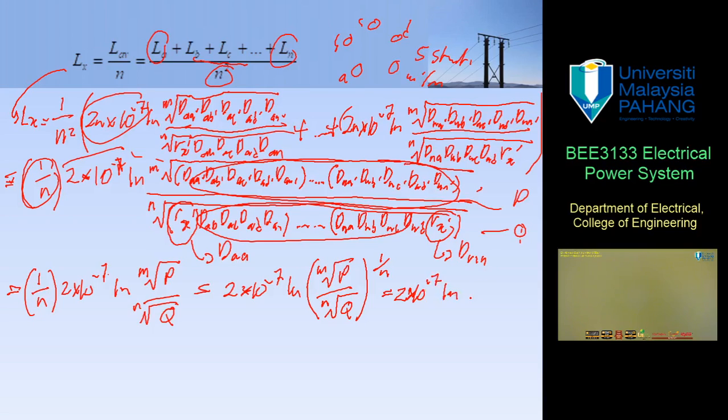Then it's actually the root N. Inside the root N, we have the M, P, then we have the N, Q. And thus we are going to get 2 multiplied with 10 to minus 7 ln, MN, P, then N with power of 2, Q. Where the P and Q you do yourself.